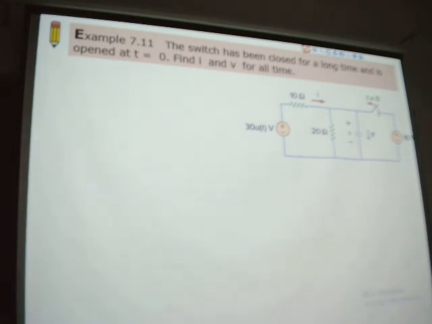Okay. Let's put some more here because it has been closed for a long time. So this one is open. And we still have to keep this here because of the limit here. So we still have to leave it here, but we must now treat this one as open. Okay?